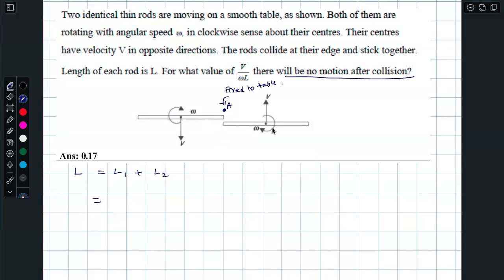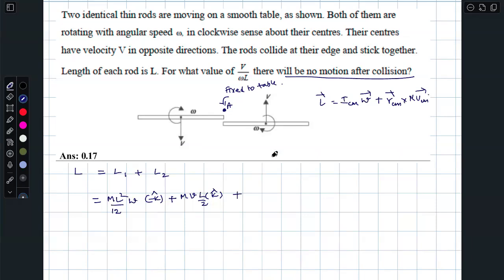L1 means first rod, L2 means second rod. Now you tell me, what is the formula? I_CM omega bar plus R_CM bar cross M V_CM bar. That's it, right? I am writing the same. For the first rod: M L square by 12 omega minus K cap, plus M V L by 2 K cap.